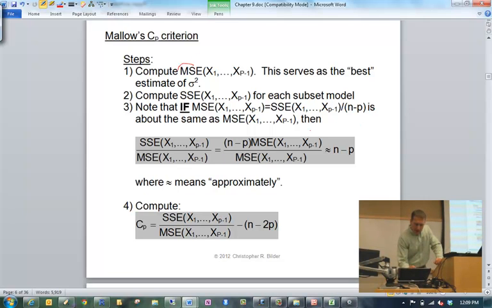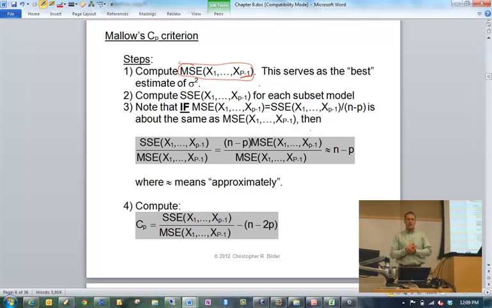Step 1, estimate a model that has all your predictor variables in it. So notice how I have a capital P minus 1 right here. Get your MSE. You can think of this as maybe your best overall estimate of sigma squared.